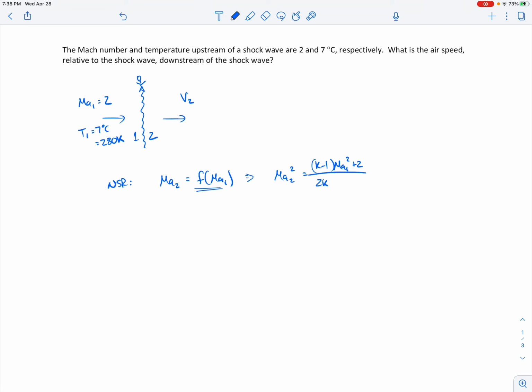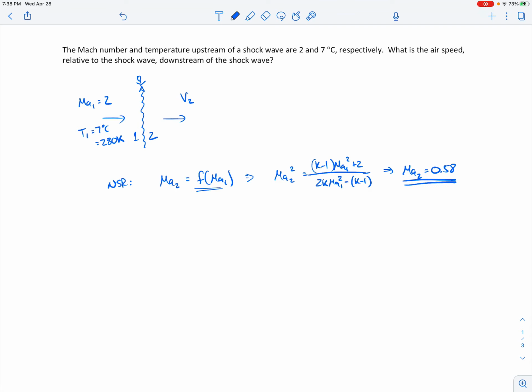You can either plug the numbers into this formula, or you could use the normal shock tables at the back of a textbook or in the formula sheet. But we know the Mach number upstream, right? That's equal to 2. We can calculate the Mach number downstream. So Mach number downstream comes out to be 0.58, subsonic, as we expect.